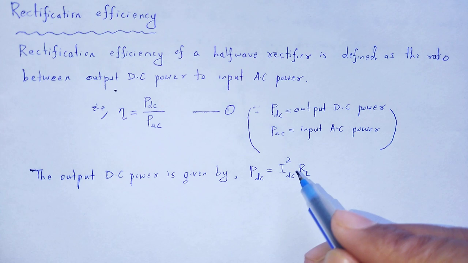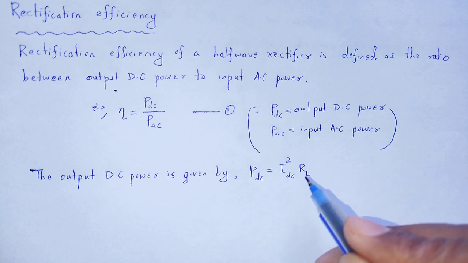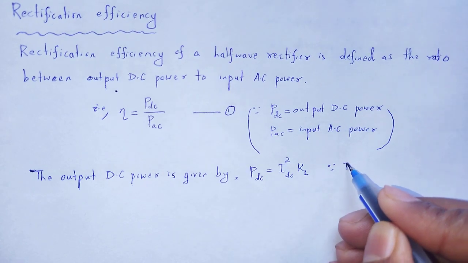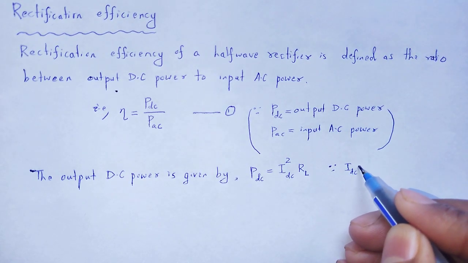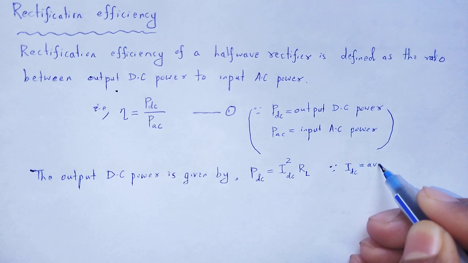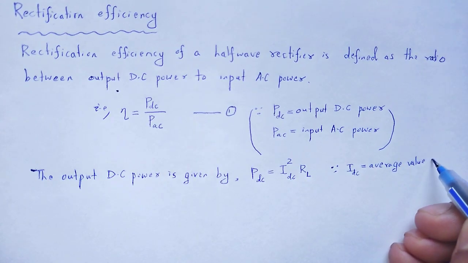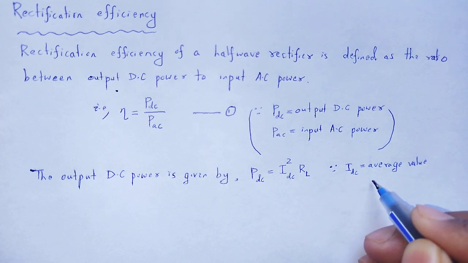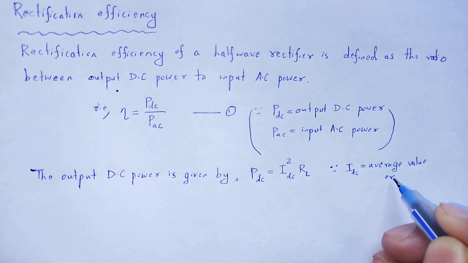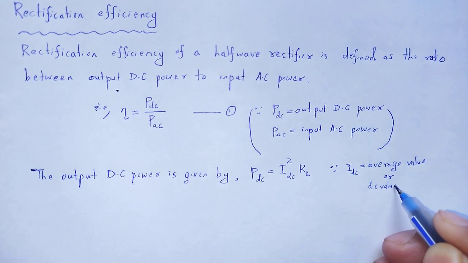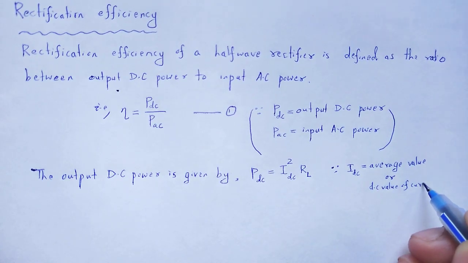Instead of voltage, V is equal to IR, therefore I square R, where I DC is the average value or the DC value of current.